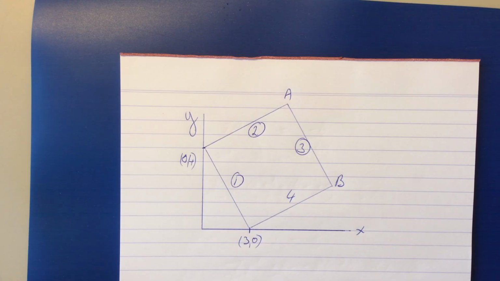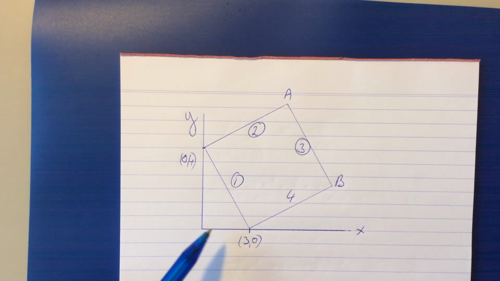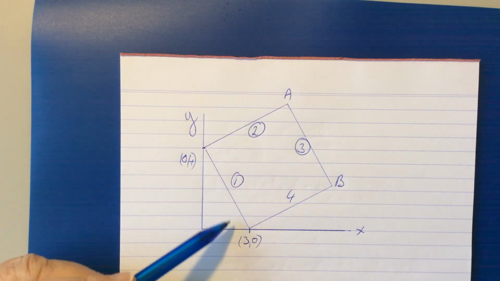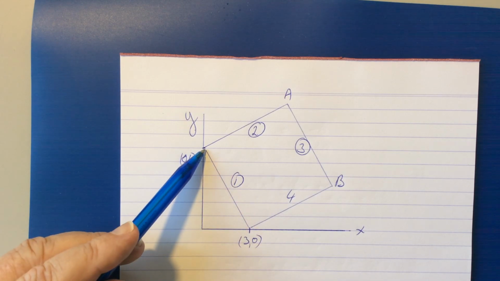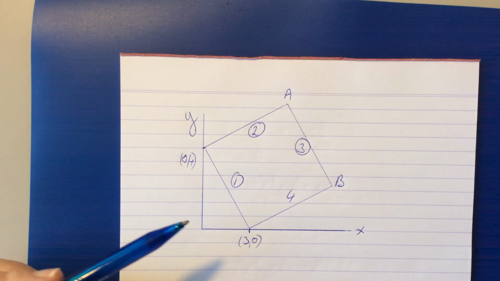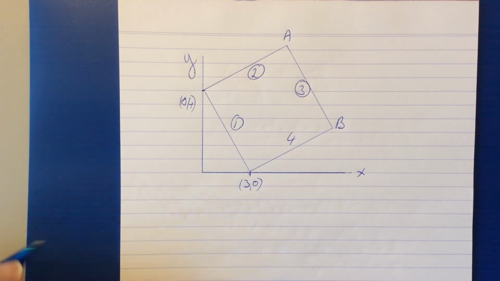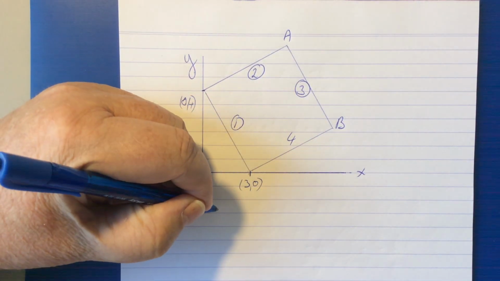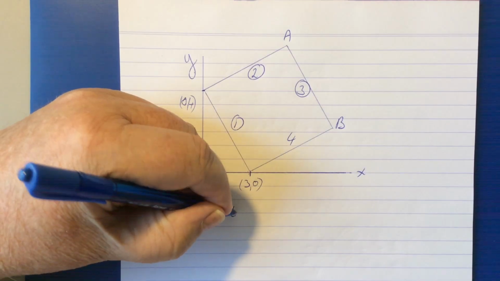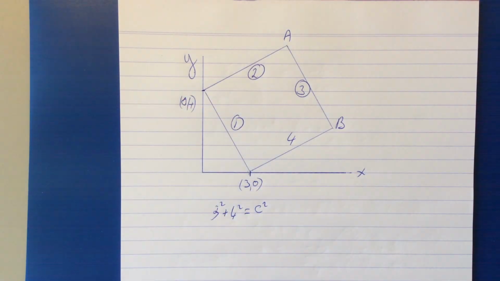So let's get to work. We have coordinates 0, 4 and 3, 0, and these form with this line a right angle triangle, so we can deduce the length of this line using Pythagoras. We have 3 squared plus 4 squared equals this line squared, which we'll call c squared.